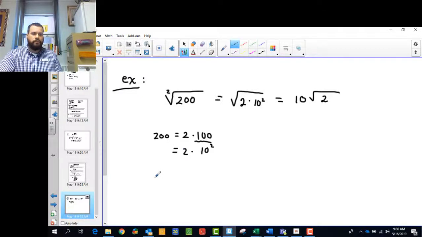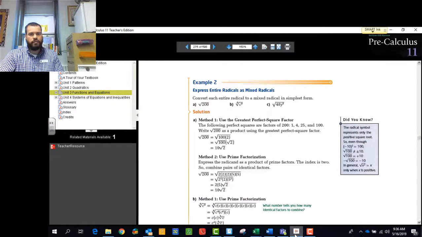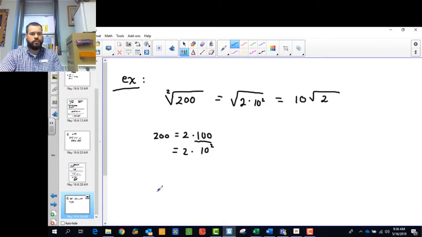The second example, we jump back to where our textbook is. Example B is the 4th root of c to the 9.